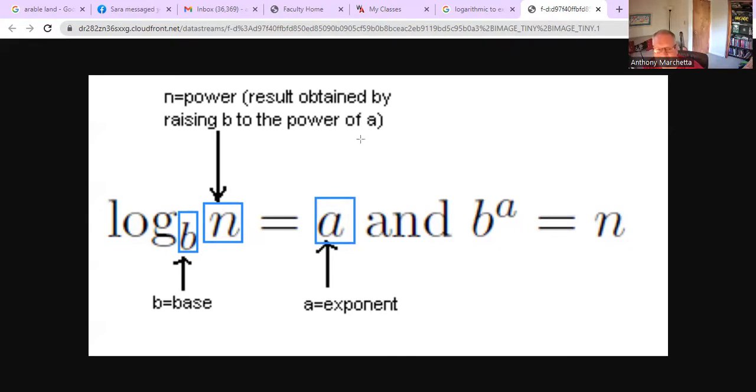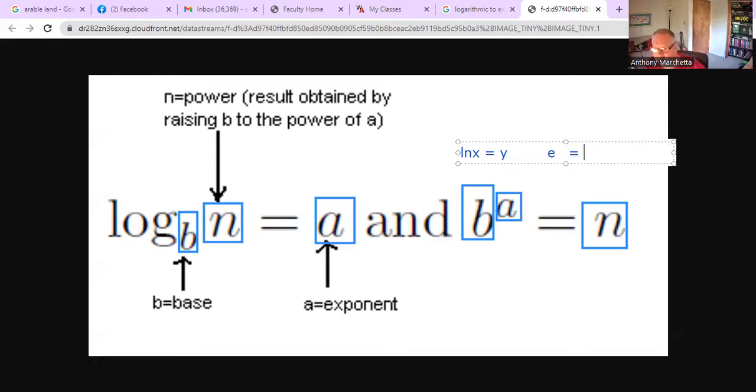So if you want to move them around, the a winds up being up here, the b winds up being the base, and then of course the n winds up being the other side. In the case of natural logs, it looks like this. The natural log of x equals y. That's the same as e to the power y equals x.